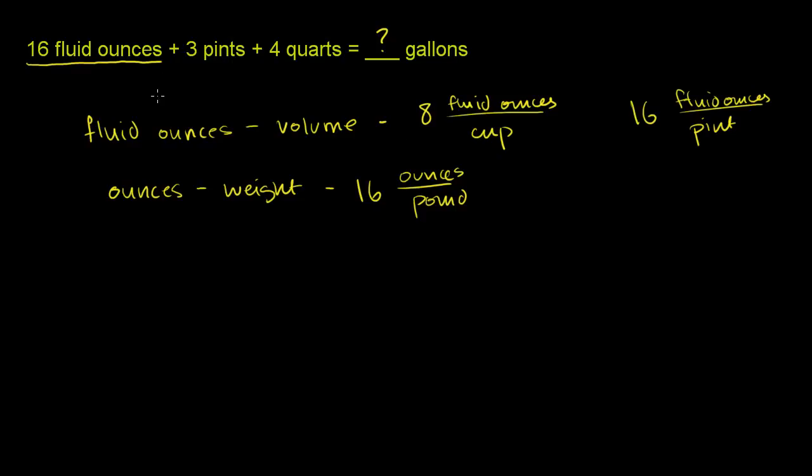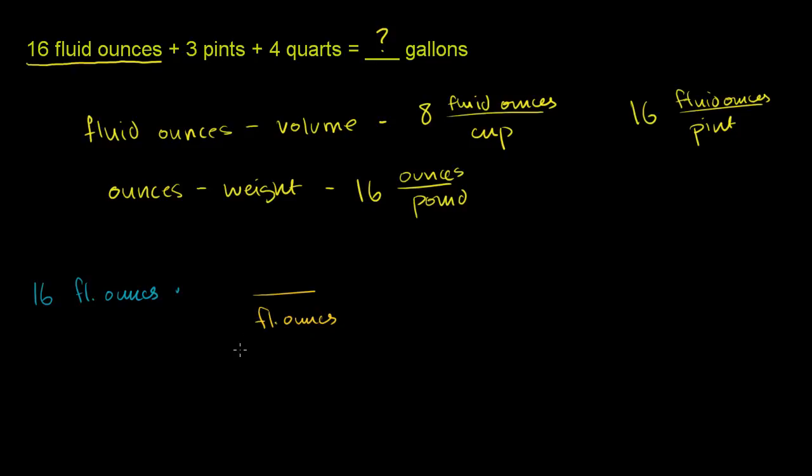Now, let's actually tackle the problem. So we have 16 fluid ounces. I just told you that there are 16 fluid ounces per pint. So 16 fluid ounces times... Now, we want the fluid ounces to cancel out, so we want fluid ounces in the denominator.